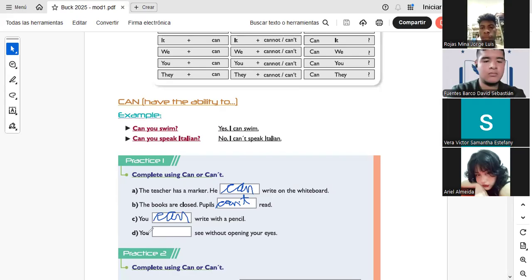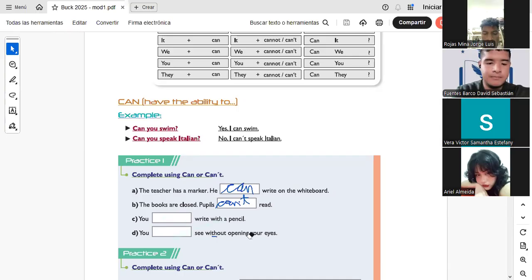Negative. Negative, that is right. You can't see without opening your eyes. Remember the TH, you read without. That is correct. It is not possible to see without opening your eyes.